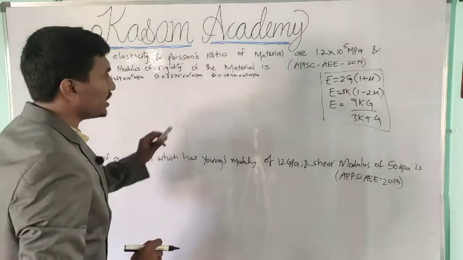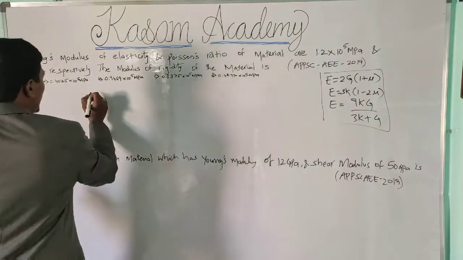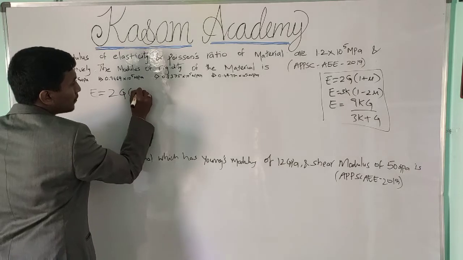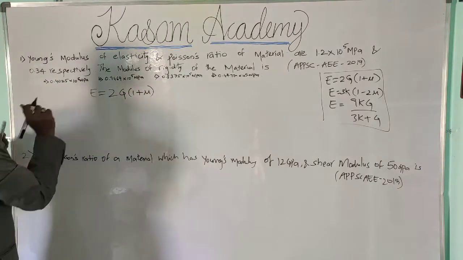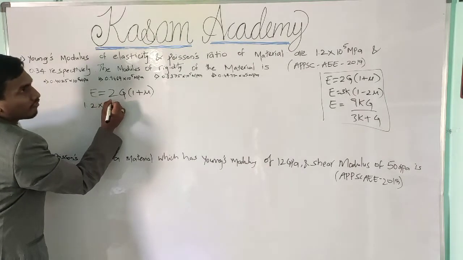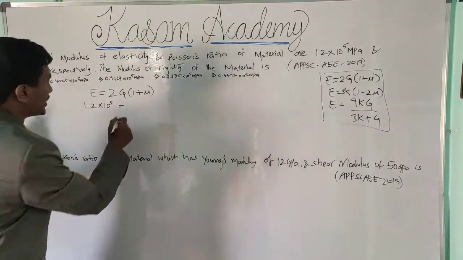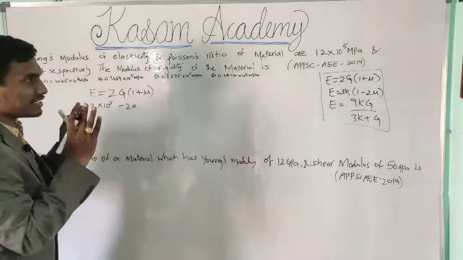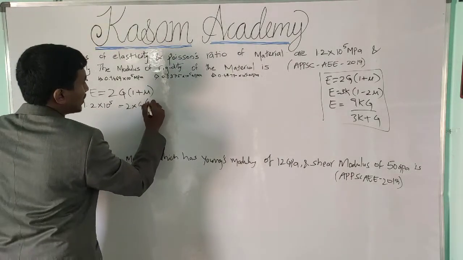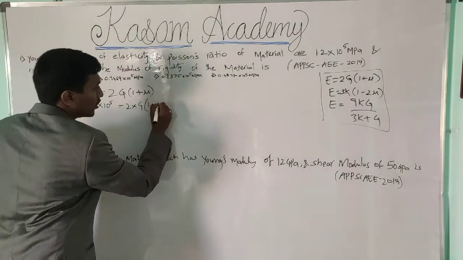Here we have three formulas related to E, G and mu. The first formula is E equals 2G into (1 plus mu). Here E is given as 1.2 into 10 power 5 megapascals, and 2 into the required G, where G is the modulus of rigidity, and 1 plus mu, where Poisson's ratio is 0.34.